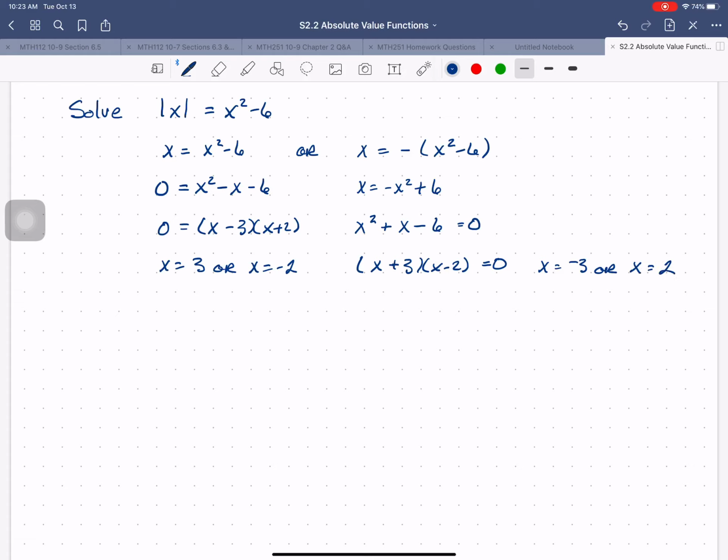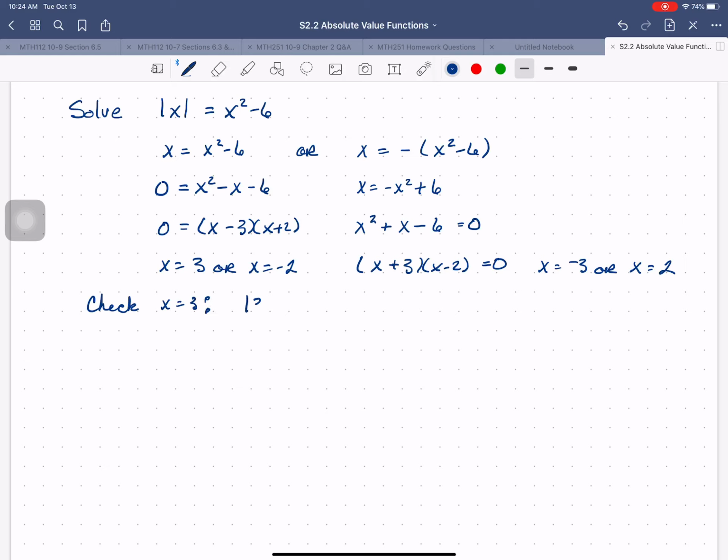Now, one thing to be cautious of when working with quadratics, all four of these may or may not be solutions to our original equation. So what we need to do is check these. So let's check x equals 3.